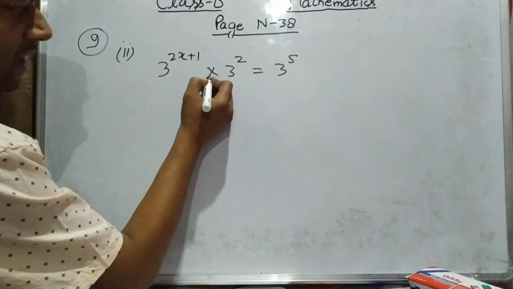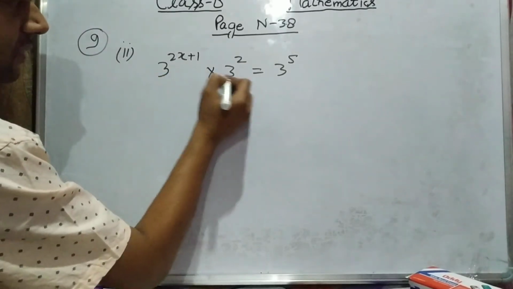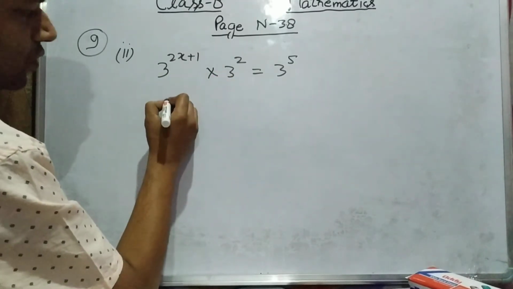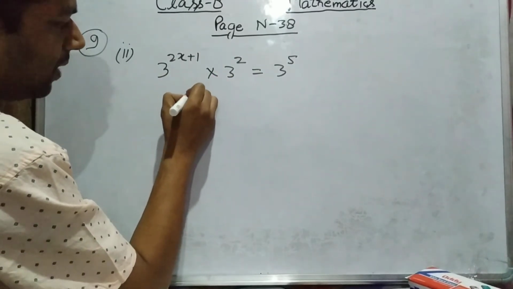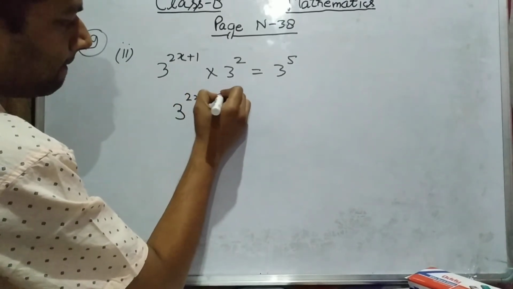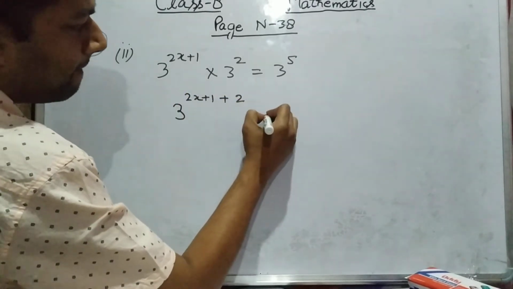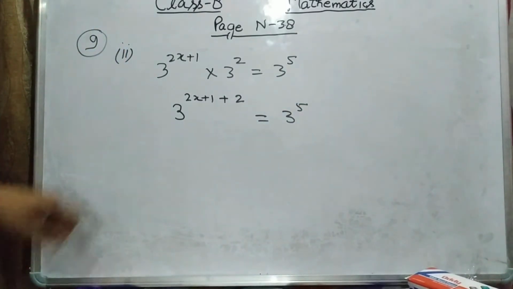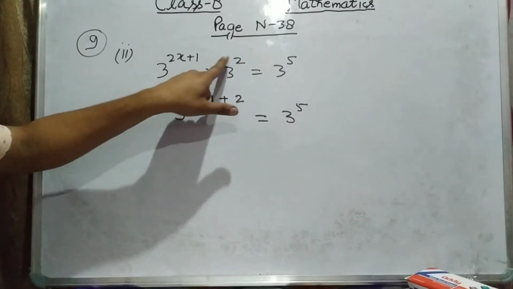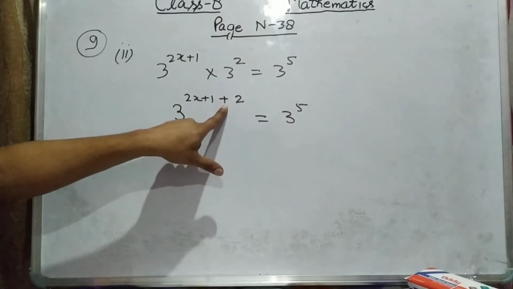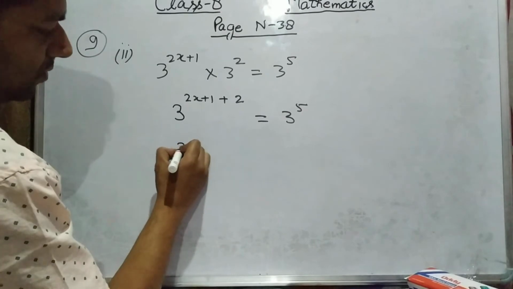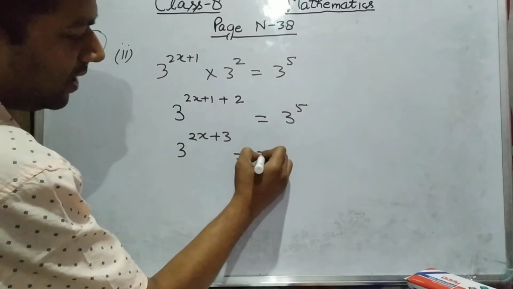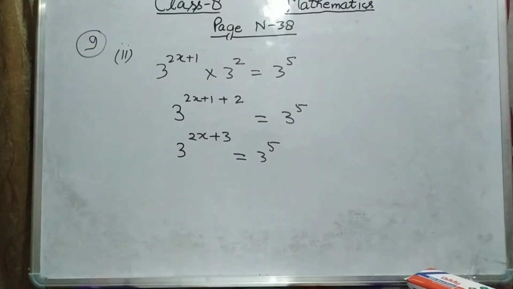Now check, multiplication is there and the bases are the same. Keep in mind the laws of exponents. Bases are the same, so what will we do? We will add the powers. By applying the law, when the bases are the same, the powers are added. So 3 to the power 2x plus 3 is equal to 3 to the power 5.